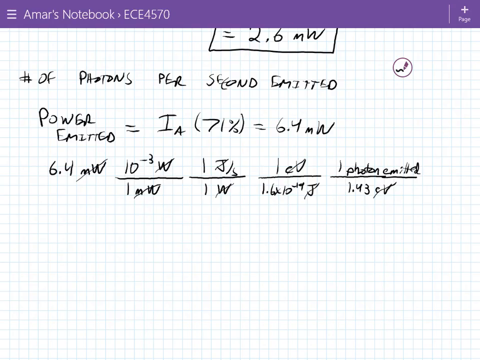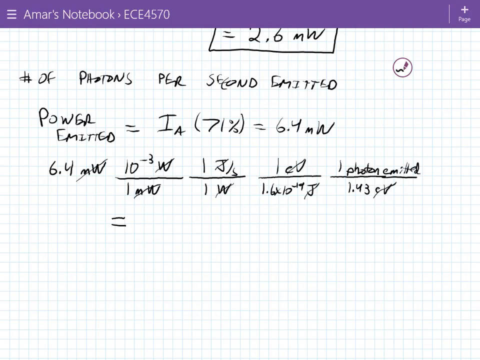So if someone can help me out with the math here. 6.4 times 10 to the negative 3 divided by 1.6 times 10 to the negative 19 divided by 1.43. 2.79 times 10 to the 16th?